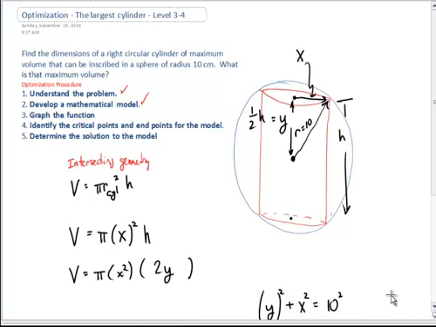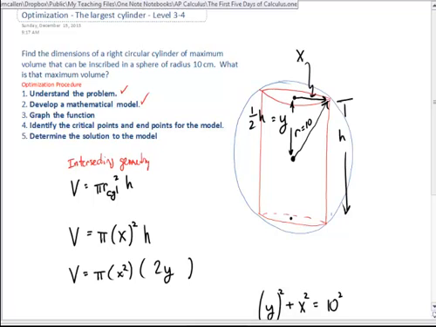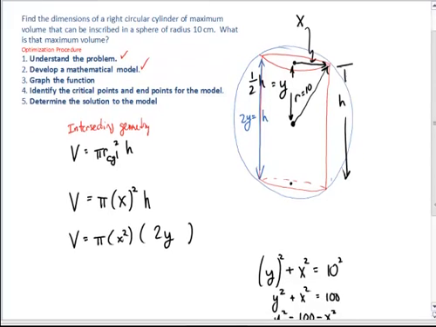So what I decided to do was replace the height with 2 times the value of y, because I realized that if I'm going to switch the radius to x, I want to switch the height to something to do with y. So twice the y value is equal to the height, and now I can use the Pythagorean theorem to put y in terms of x.